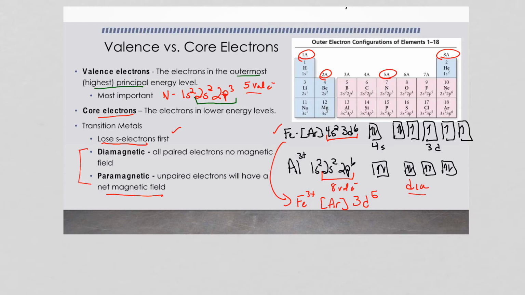We create a paramagnetic species. And so by looking at the orbital diagram, we can determine whether a species, whether it's an element or an ion, is going to be either diamagnetic or paramagnetic. So dia, all paired; para has unpaired electrons. Okay.